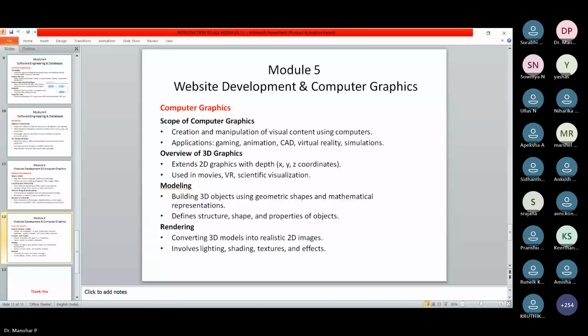How to extend 2D graphics to 3D, and how this is used in movies, virtual reality, and scientific visualization, and how to build these objects using geometrical shapes and mathematical representations. Even 3D can be converted to 2D images, which is called rendering. The effects, textures, shading, and lighting are all involved here. So that's about the module.